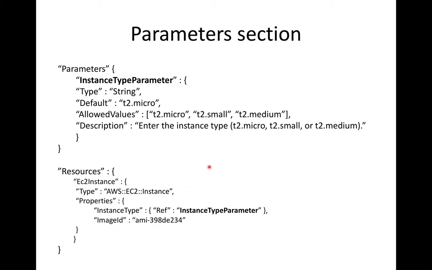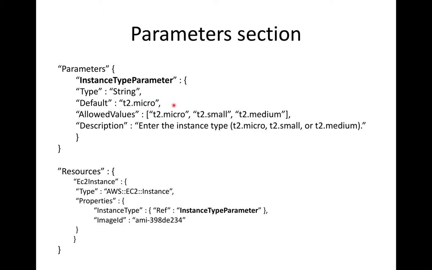Here's an example of a parameter section in a real document. We have the parameter section, and we have a parameter whose name is instance type parameter. That's just a name that I made up. This could be any logical name that you want, as long as it's unique within this document. This parameter is a string. That's the type of the parameter. And it has a default value set, which is T2 micro.